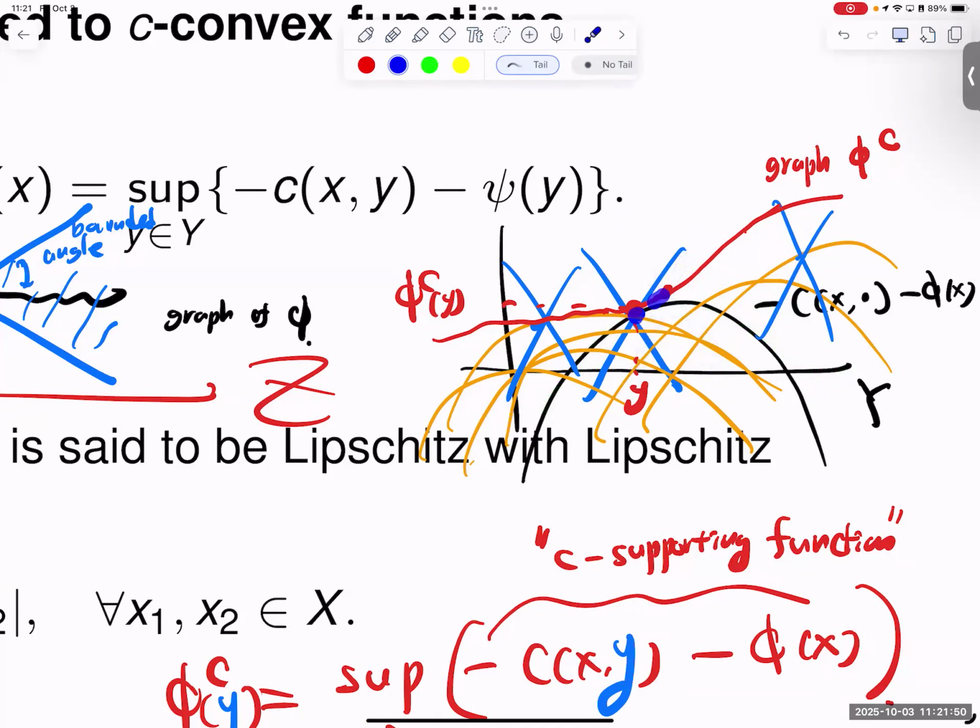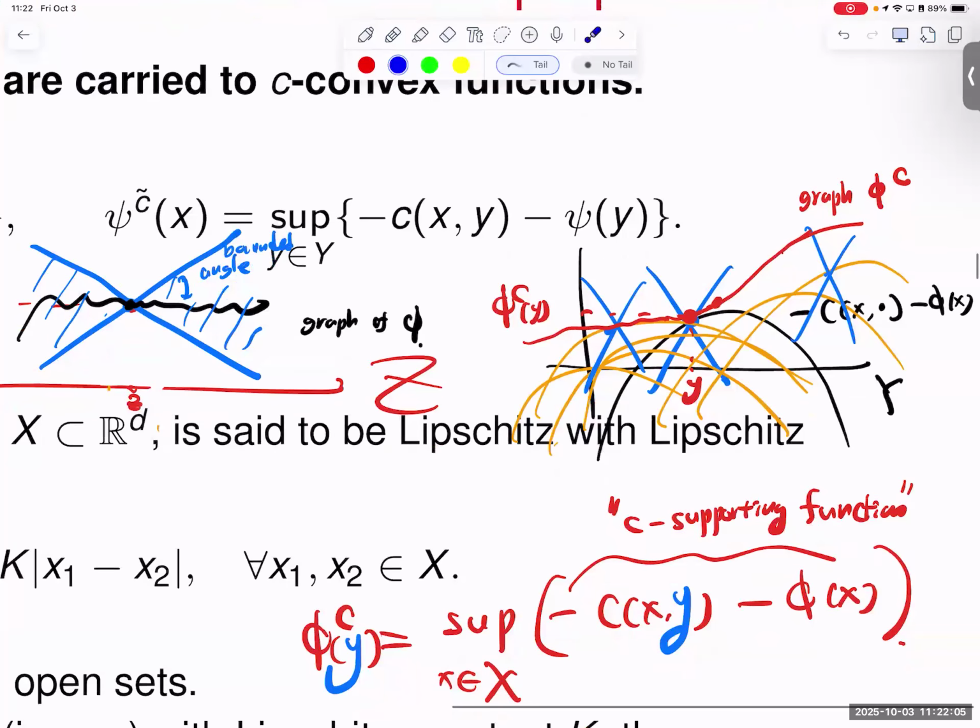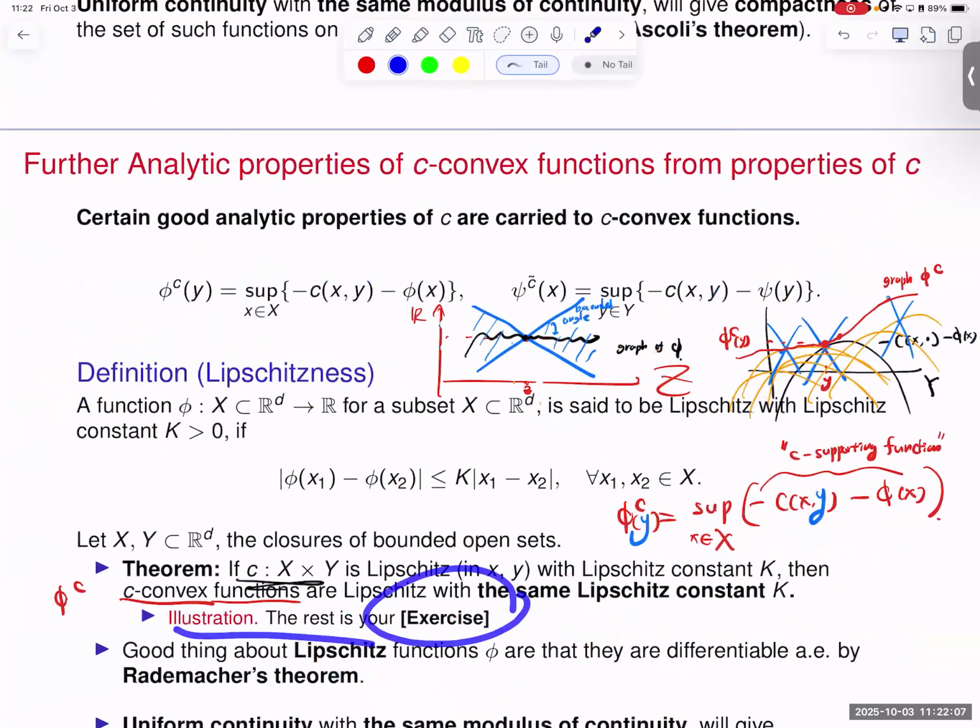So if you connect these pictures, you will see that all these points in the graph should be inside this cone. Okay? That's like Lipschitzness. So this probably is not a perfect illustration, but this is basically the idea, and then you can prove this theorem, and the rest is exercise.